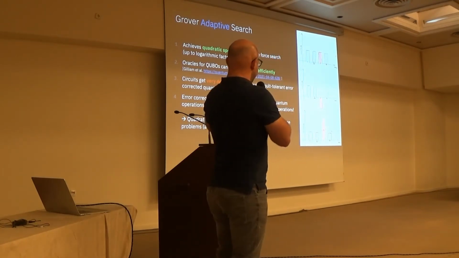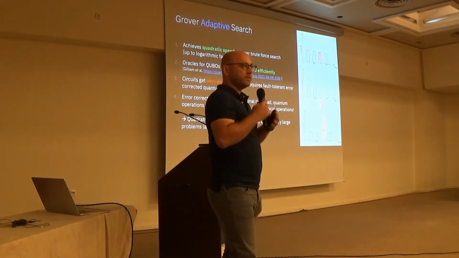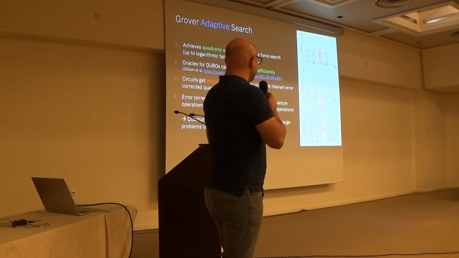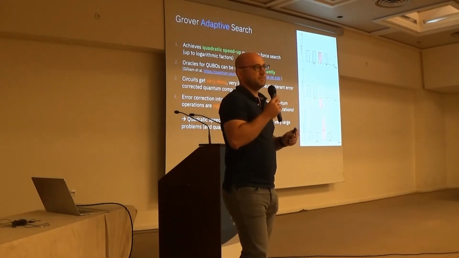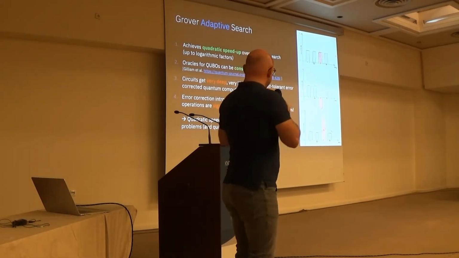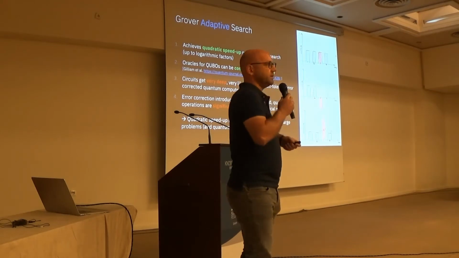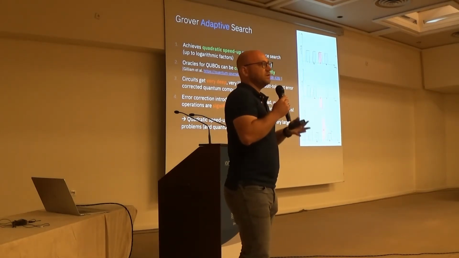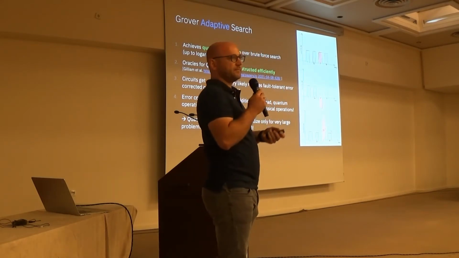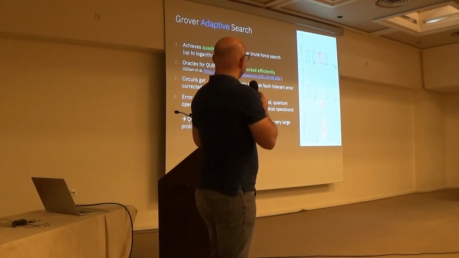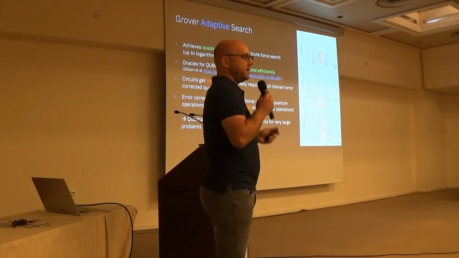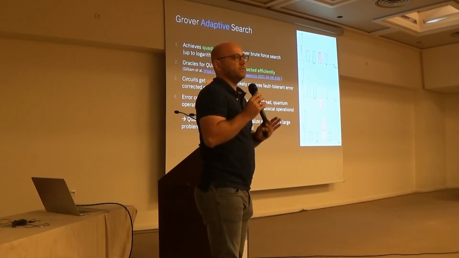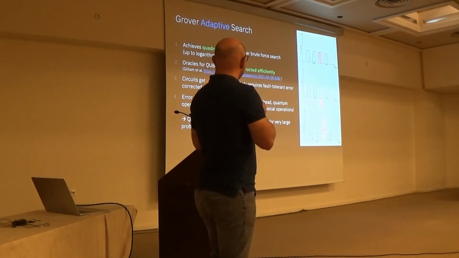So the break-even point where the quantum computer really outperforms the classical one is very likely only for extremely large problems, which then requires even longer circuits. So it's very difficult to see where this really has a practical impact. So Grover search, I think, is very nice from a theory point of view, but this is something one should never forget: it's not clear when this really will get an advantage.